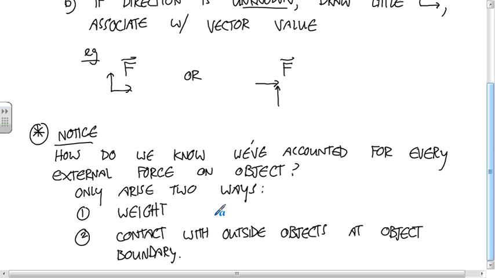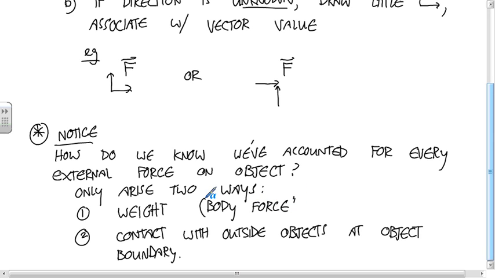By the way, these aren't the only kind of forces that can be applied. Weight is known as a kind of body force. That's a force that's applied to all the material in the body. It's not just applied at a single location.